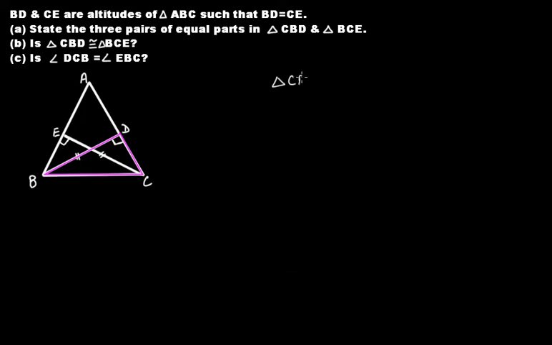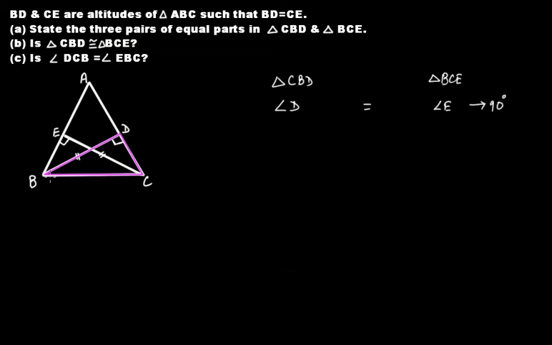Okay. So in this one, angle D of triangle CBD and angle E of triangle BCE, these are equal. Why? These both angles are at right angle, that is 90 degrees.